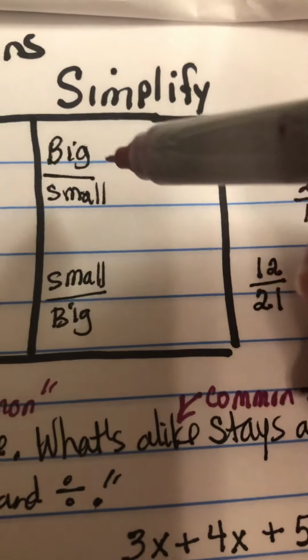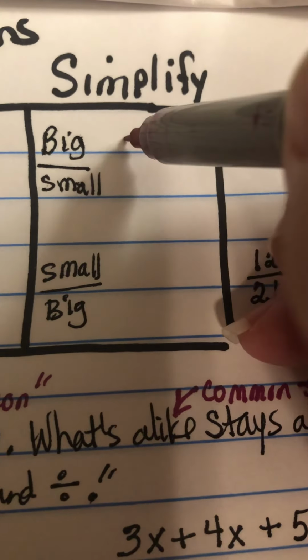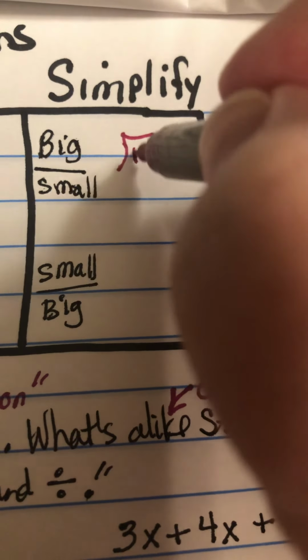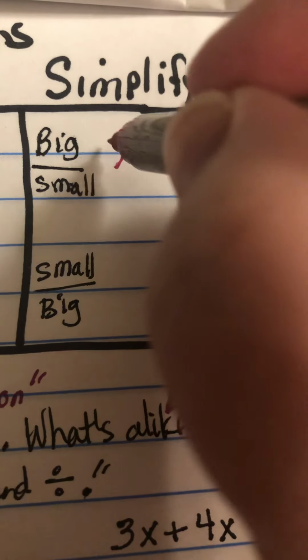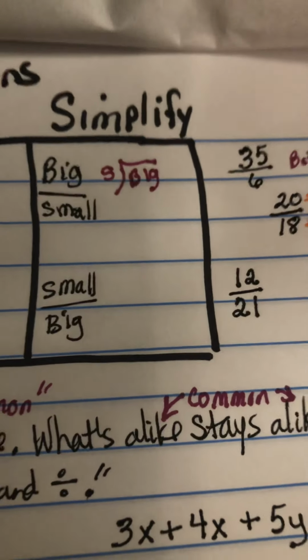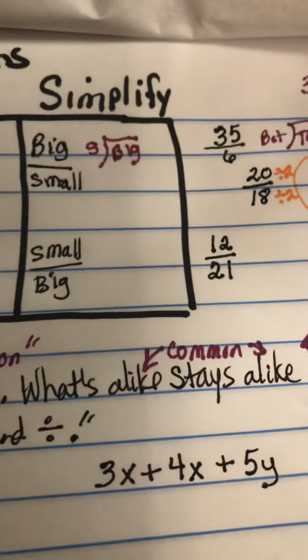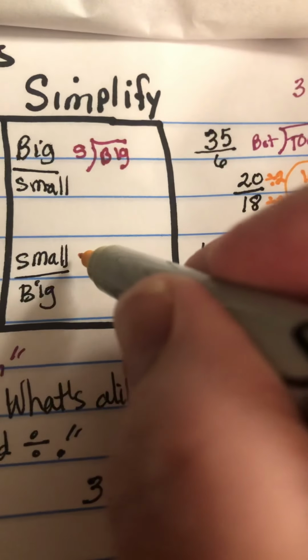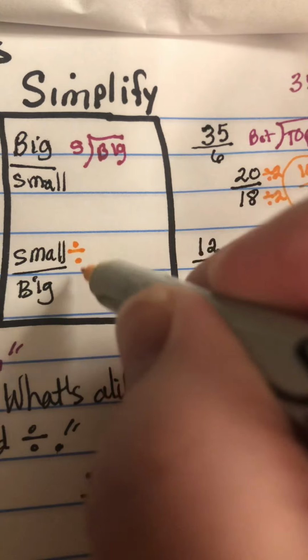So here, if it's big over small, you're going to do the long division with the big part on the inside and the small part on the outside. If it's small over big, then you want to find out what both numbers can be divided by.